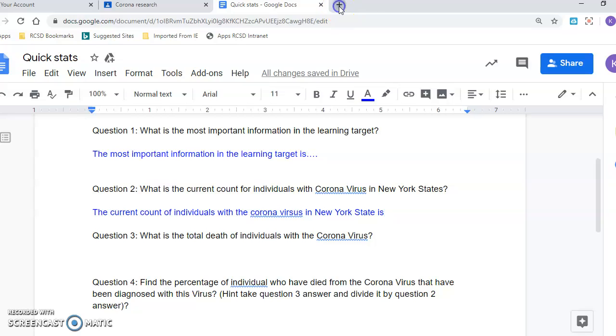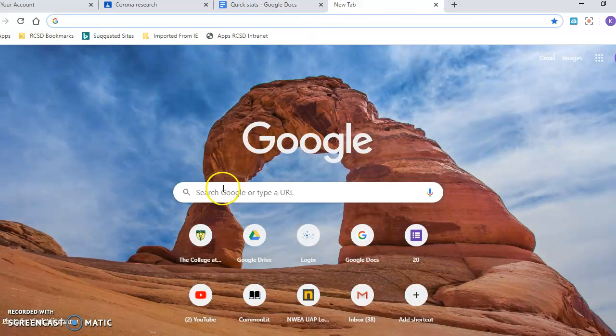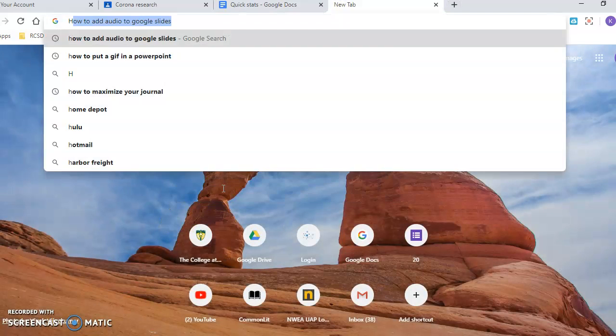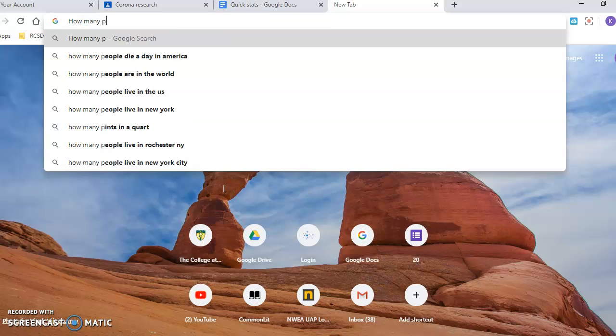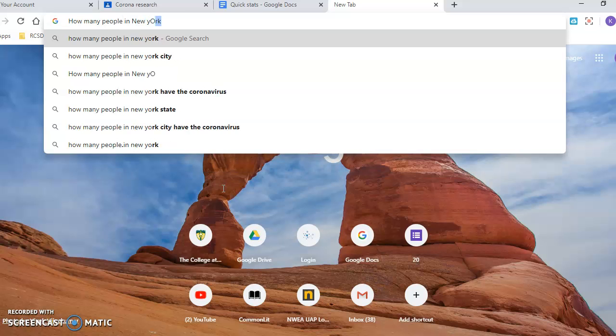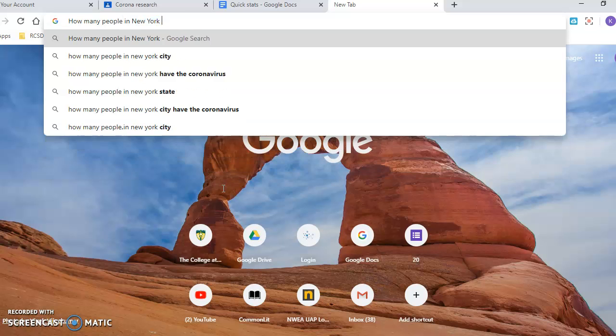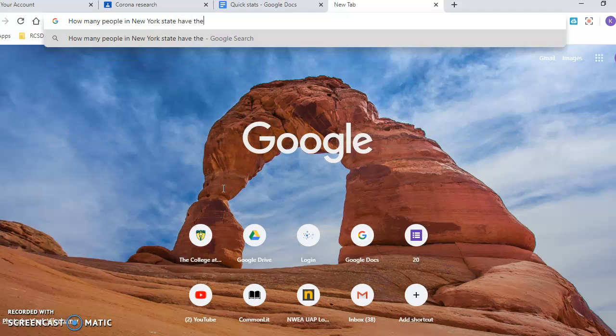So I'm going to open a new tab, and here I'm in Google, and I'm going to just ask that question. How many people in New York State have the coronavirus?